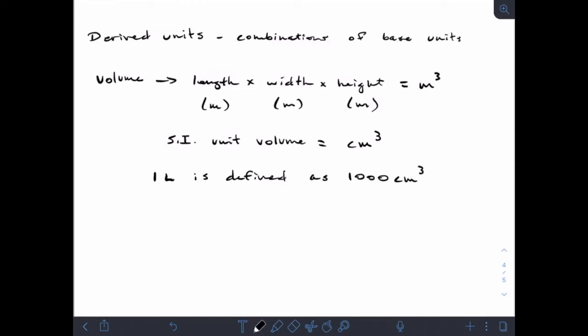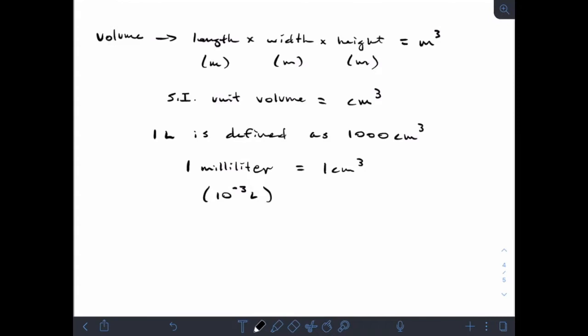But also 1 milliliter, which is 10 to the minus 3 liters, equals 1 cubic centimeter. Because we have this relationship of milliliters to liters. There are 1,000 milliliters in 1 liter.